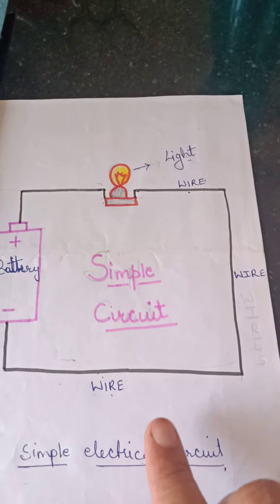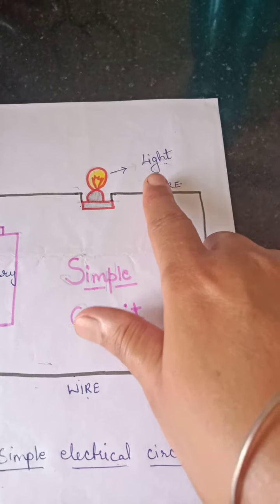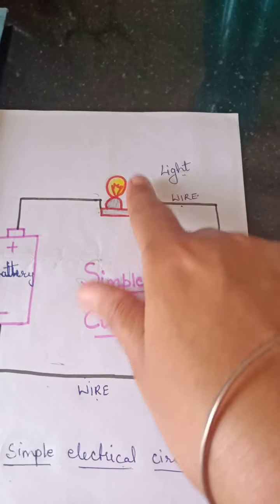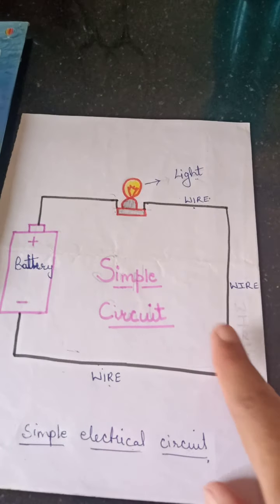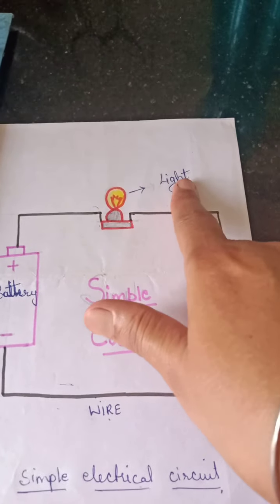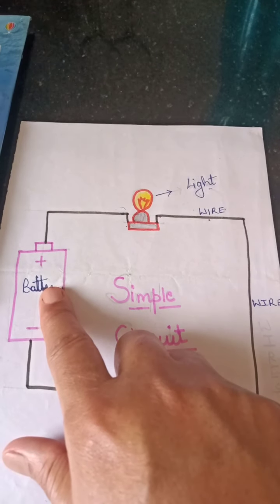Now what are labels? Label means words, one or two words which tell us about the parts in the picture. These labels are telling about the parts in this picture. Like this is a light bulb, this is a wire, that's a battery.